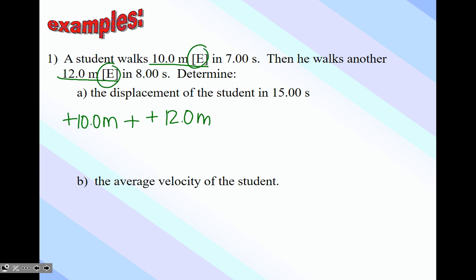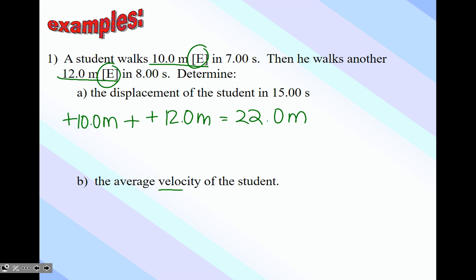If I add those up, they're both positive, and I get a displacement of 22.0 meters. The displacement of the student in 15 seconds is a total of 22 meters.